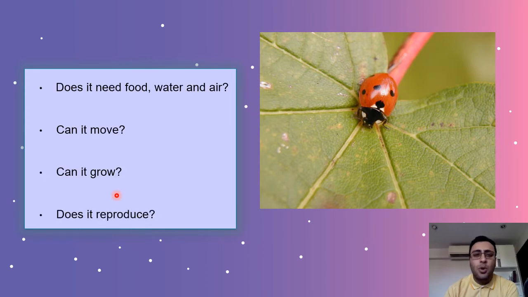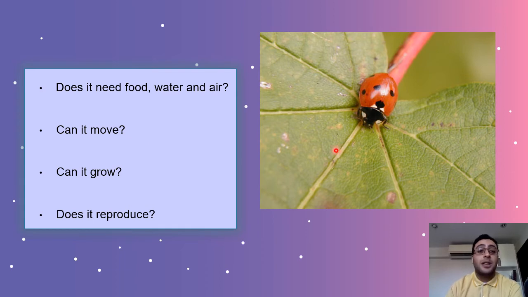Okay, same questions, okay? We have a little cute ladybug on a plant. Now, the question, let's say it's about the ladybug and the plant. Do they need food, water, and air? Yes, they do. Even though this animal is very small, it still needs food, water, and air. Can it move? Yes, it can move.